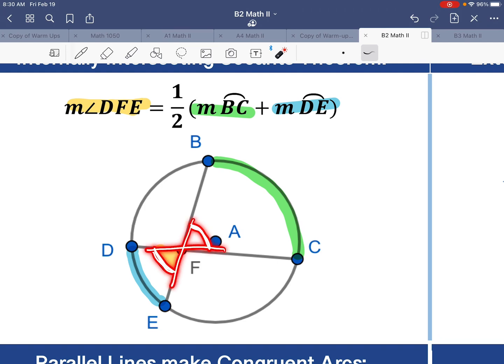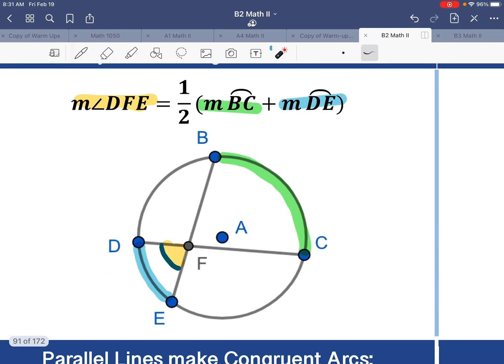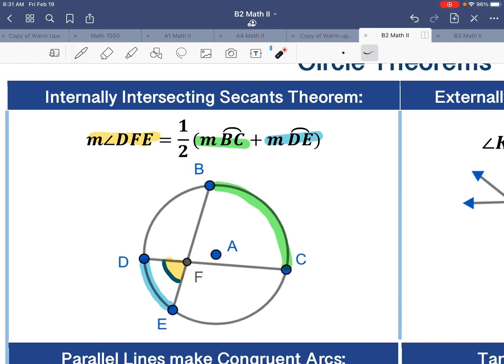So it doesn't matter which one you're looking for, you can get this angle or this angle using this formula. We'll practice that. But again, this is a formula, so if you know this one or you know this one, you can plug those things in and do some math, and it will give you this. Or maybe you're looking for a different one and you have to solve for it. We'll do some examples later, but this is just a formula, specifically for when two secants are intersecting each other.